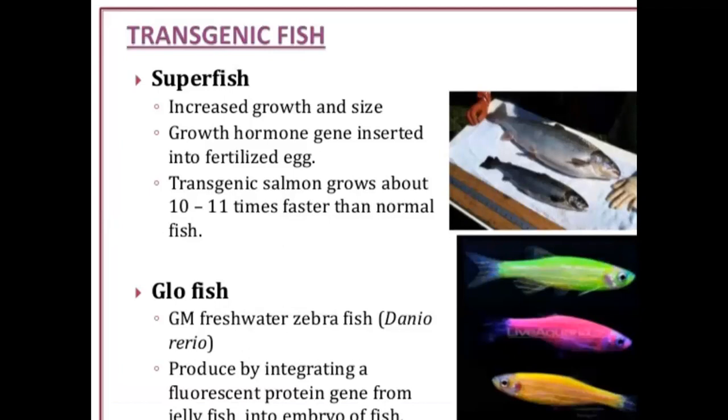The transgenic salmon grows about 10 to 11 times faster than normal fishes. If the fish undergoes the transgenic process, we can get more than 10 to 11 times the growth rate. Likewise, we can do transgenesis in the glowfish also.